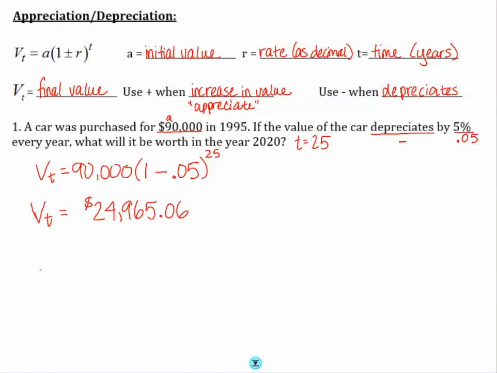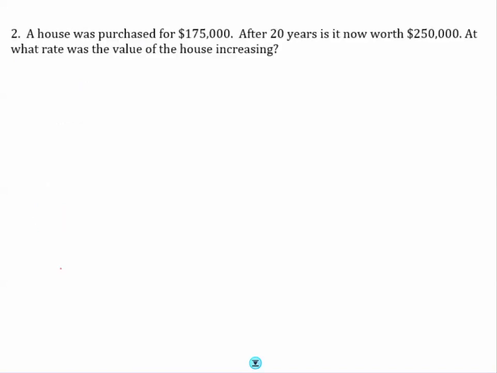Let's look at another example. A house was purchased for $175,000. After 20 years, it is now worth $250,000. At what rate was the value of the house increasing? So we know that originally the house was $175,000, so that is A, our initial value.